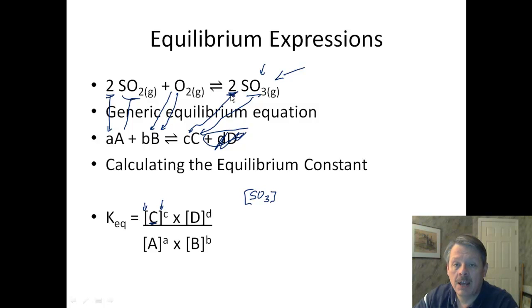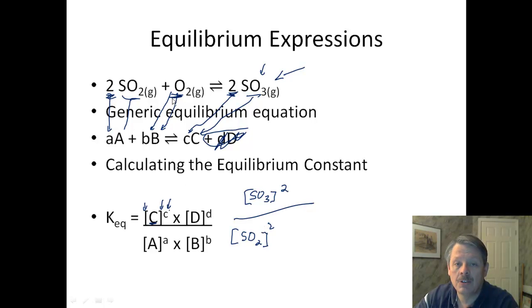And notice that I have a 2 coefficient in front of it, and that's this little c. And notice that is going to be the superscript there. In other words, this is the concentration of SO3 squared. And it's going to be divided by the concentration of A. If I look at A, it is SO2. And it's also squared because it has a coefficient of 2 in front of it.